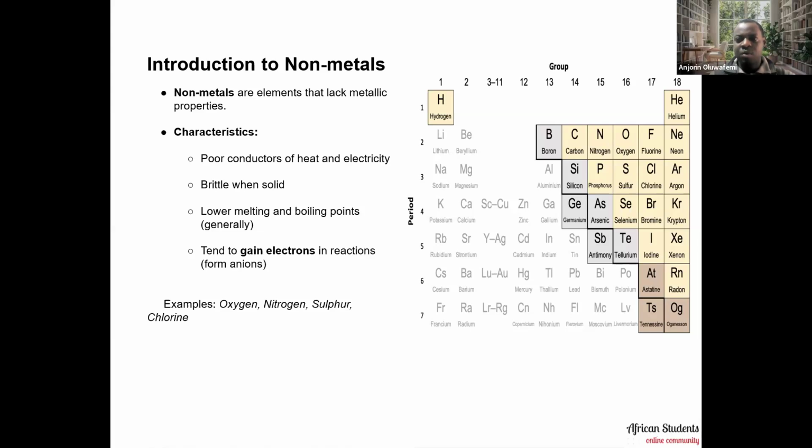Let me know when you get the answer. So hydrogen, carbon, nitrogen, oxygen, selenium, sulfur, chlorine, bromine, krypton, and so on are all non-metals.